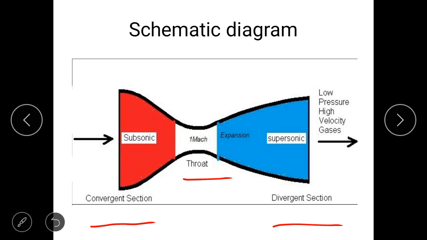In the convergent portion, the air enters the larger area and goes to the narrow area. That is what the convergent portion is.